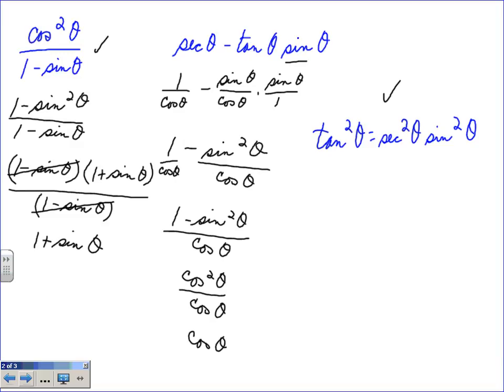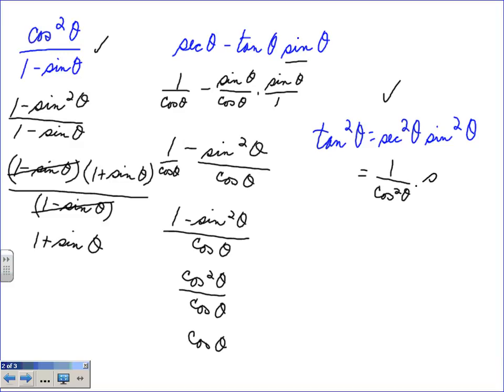Well, where would you go with tangent squared? It'd be sine squared over cosine squared. Then where do you go? All right. So if you look at that right-hand side, remember what I said. Turn everything into sines and cosines. So I know that secant squared is 1 over cosine squared times sine squared.